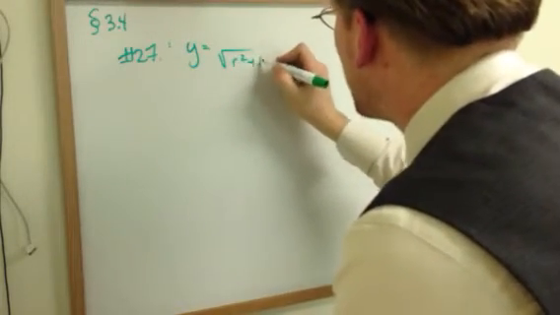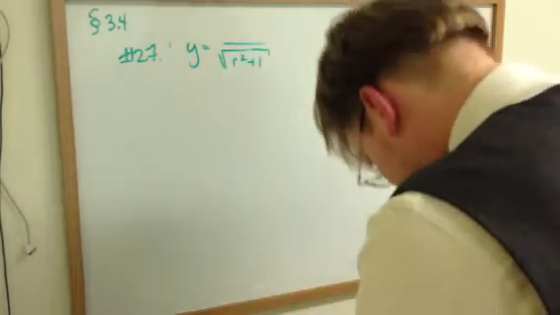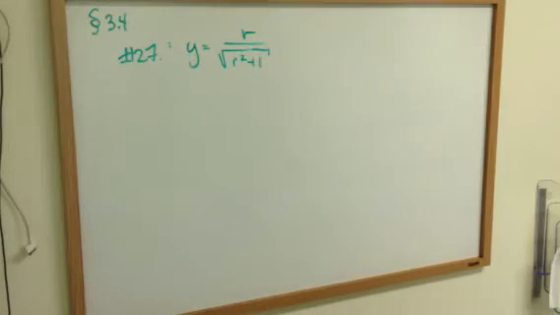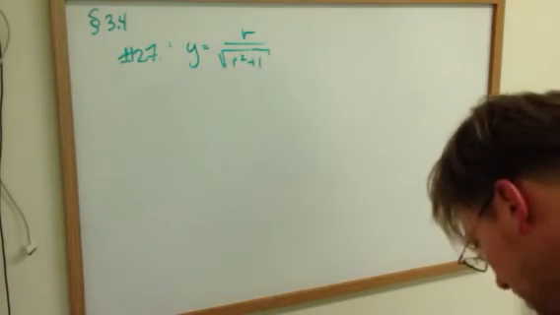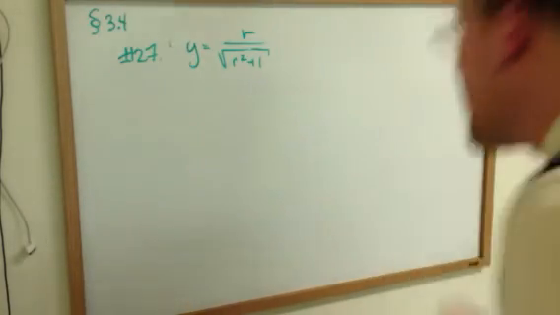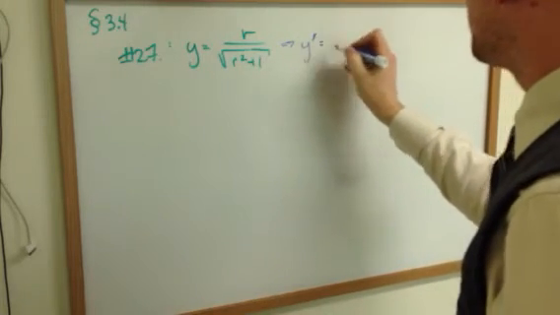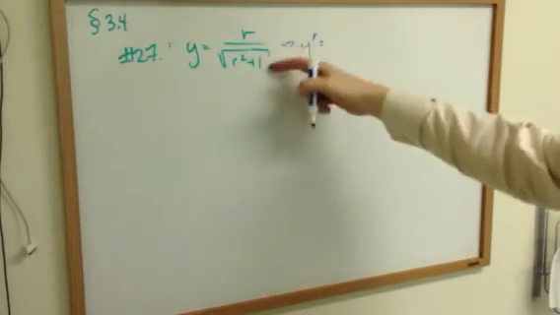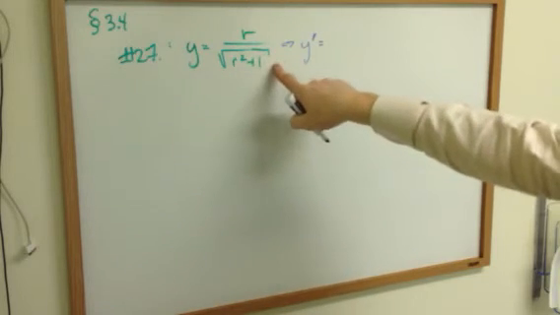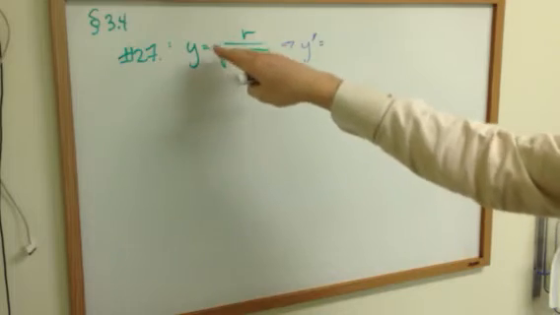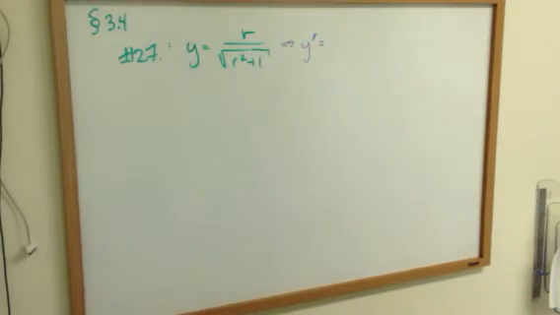R squared plus 1 over R. Let's try this one. I have a weird sense I did it in class. I see a square root, but the square root seems to be internal to this division here, this fraction.